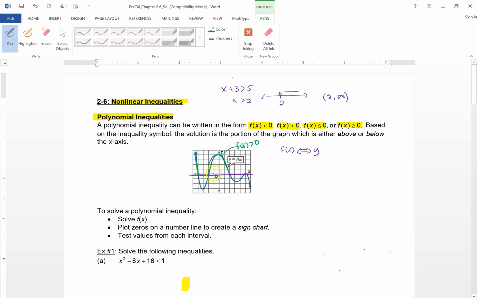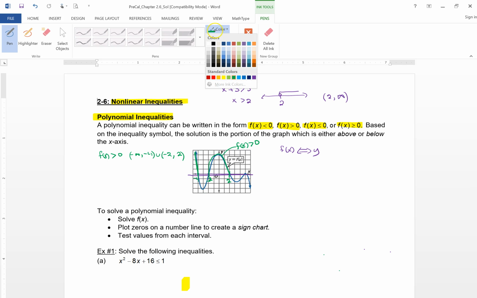So between here x is negative 2 and here x is positive 2. So between negative 2 and positive 2, the graph is positive. From negative infinity to negative 4, the graph is positive. So f of x is greater than 0, where? At negative infinity to negative 4 and negative 2 to 2.